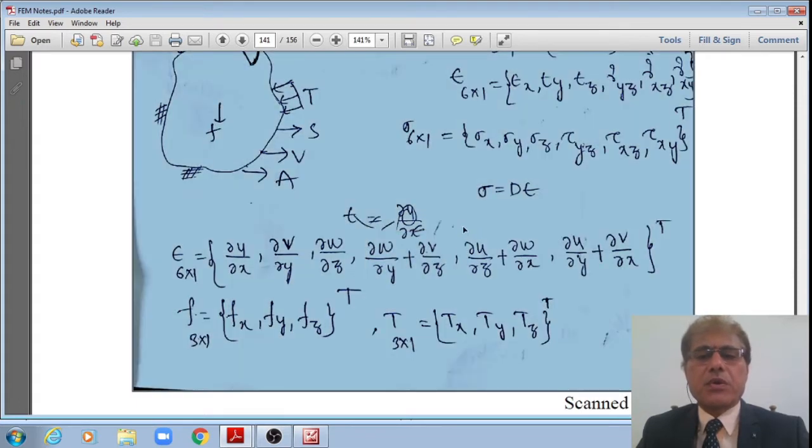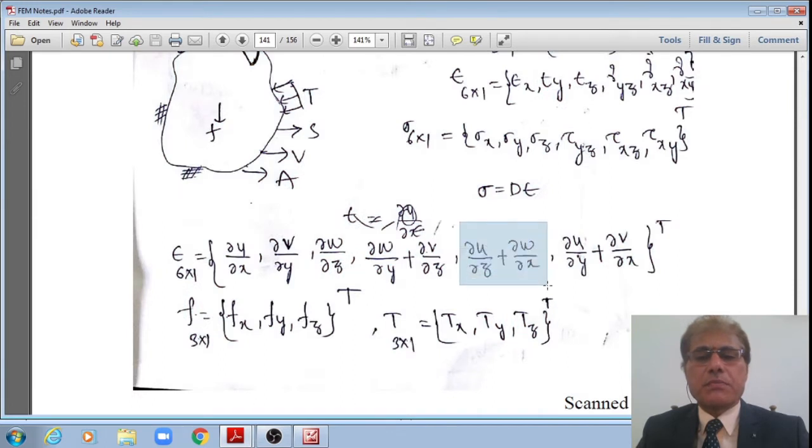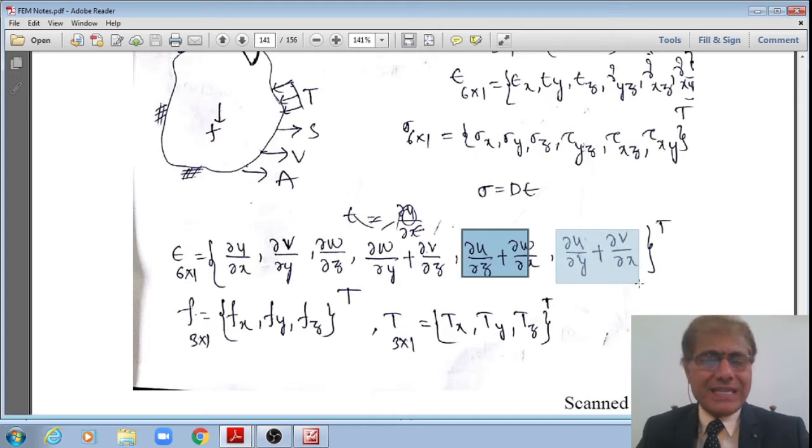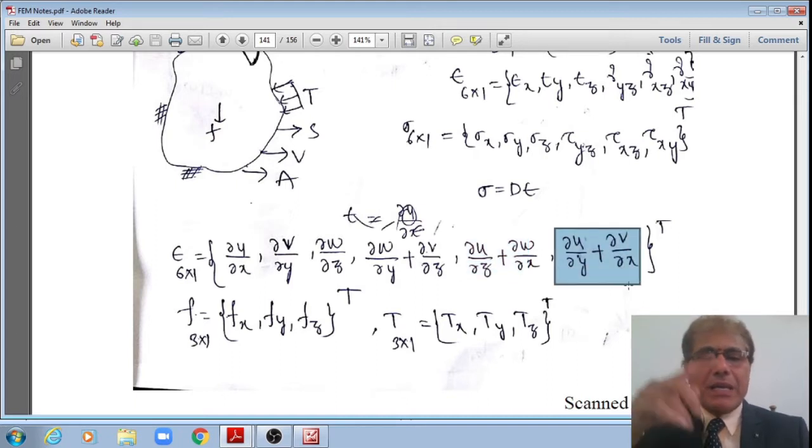The other two terms are dou u by dou z plus dou w by dou x, and dou u by dou y plus dou v by dou x. You can see that for gamma yz, with y, its cross term is w, and with z, its cross term is v. That is how the other two shearing strains are written in cyclic fashion.